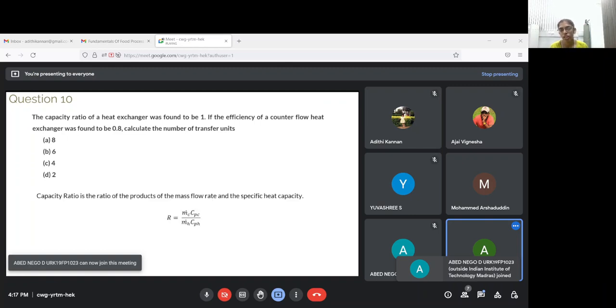So a capacity ratio is the ratio of products of mass flow rate into specific heat capacity. So capacity is the product of mass flow rate and specific heat capacity. The moment you say capacity ratio, you will divide that of the cold fluid by the hot fluid. So the ratio of the capacity of the cold fluid divided by the capacity of the hot fluid will give you the capacity ratio. So when is R equal to 1?